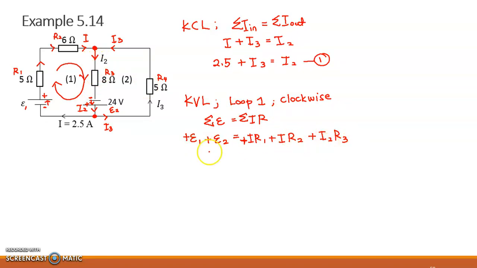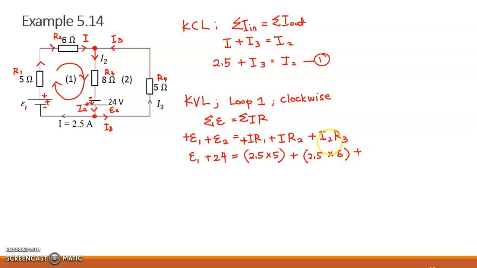What are the values that we have? EMF 1 is unknown. EMF 2 is 24 volt. I is 2.5 ampere, meanwhile R1 is 5. So we actually can find the value. 2.5 times 5 plus I R2, which is 2.5 ampere times 6 ohm, plus I2 R3.